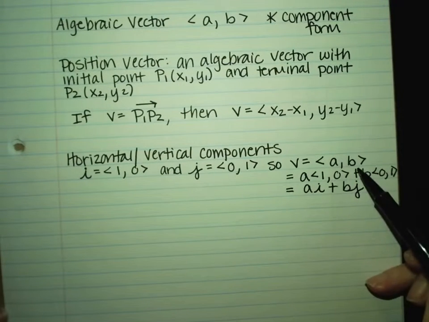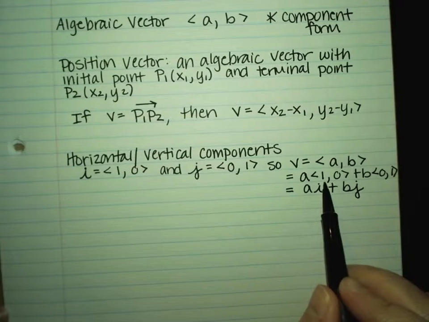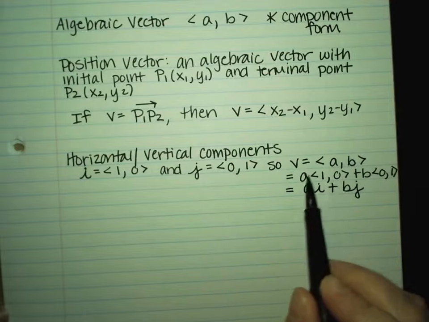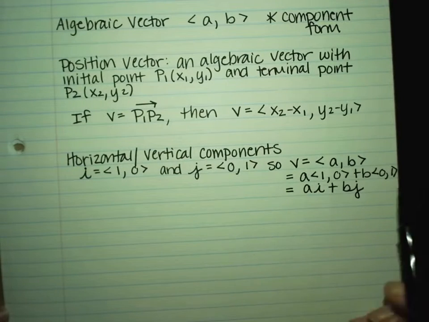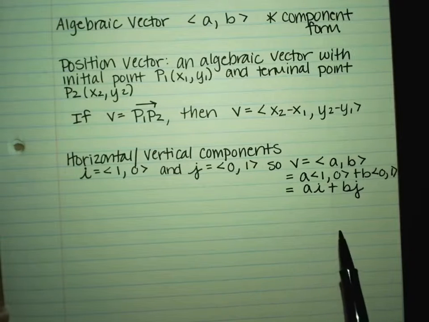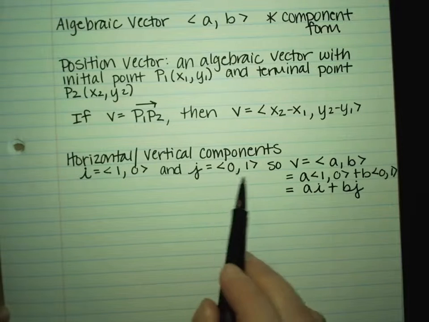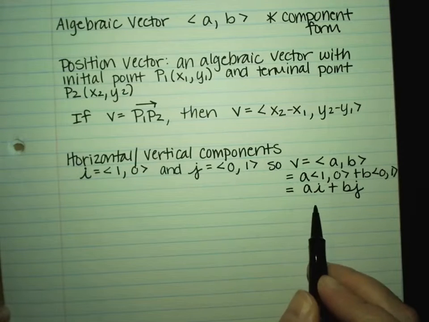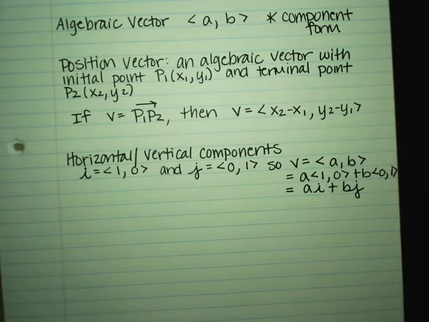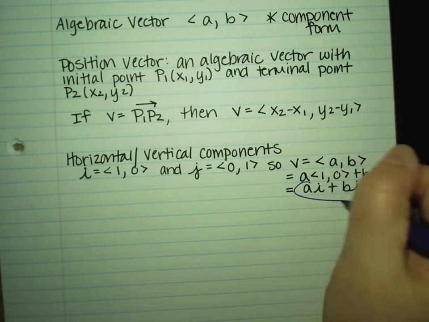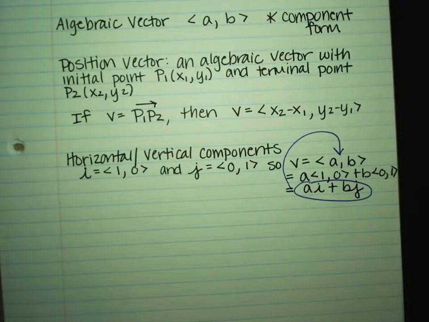Okay, so vector V, component form A, B. A is equal to the component form 1, 0, and we said that that component form 1, 0 is I, so AI. And then B times this component form 0, 1. We said 0, 1, that is J. So AI plus BJ, that's the exact same thing as the component form.